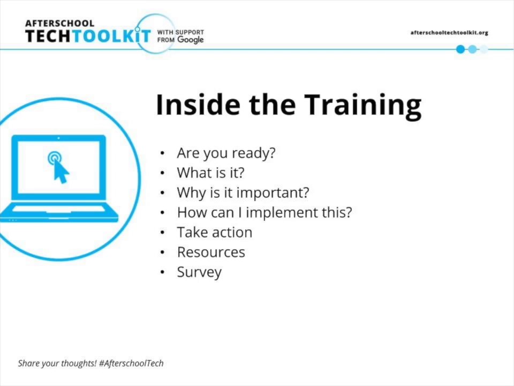And next, you'll get hands-on tools and tips around how to implement critical processes and strategies related to the module topic. Finally, you'll develop your own plan to take action right now and access current resources, including additional websites, tools, and articles. At the end of each module, you'll be asked to take a survey on the training. Please complete the survey for each module. Your training feedback will help us to continue to build and improve the trainings to truly meet the needs of our field.